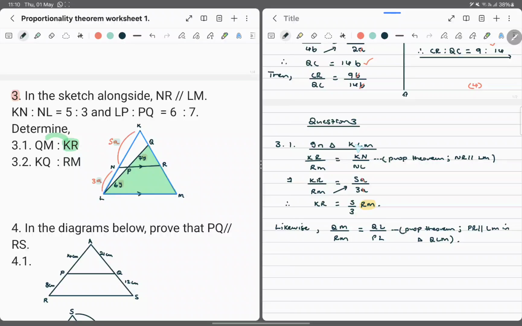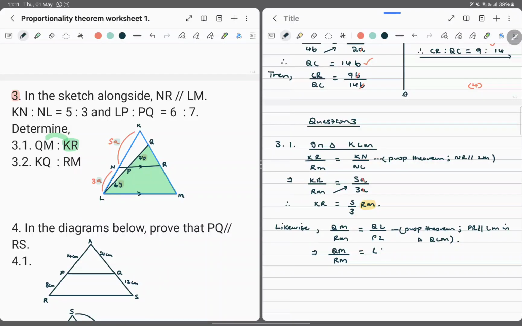Remember, this time we're not using that triangle KLM. So it is safer to express which triangle this is, to avoid saying in triangle this is the case, and then in triangle this is the case. But again, you can still do it. It just depends on how you want to do this. So what does this imply? It implies that QM over RM is going to be equal to QL.